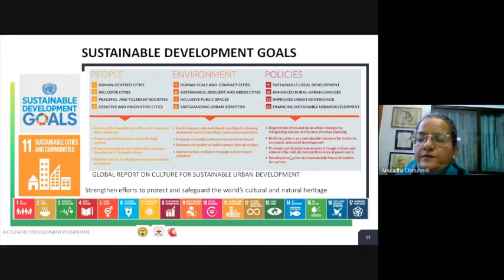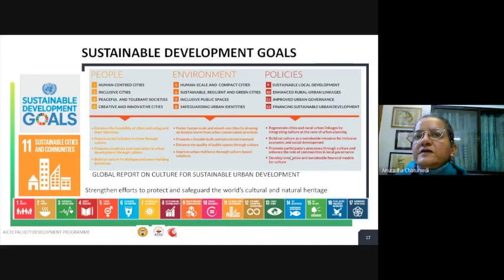The development goal 11 related to sustainable cities and communities has a target number 4, which is related to strengthening of efforts to protect and safeguarding the world's cultural and natural heritage.